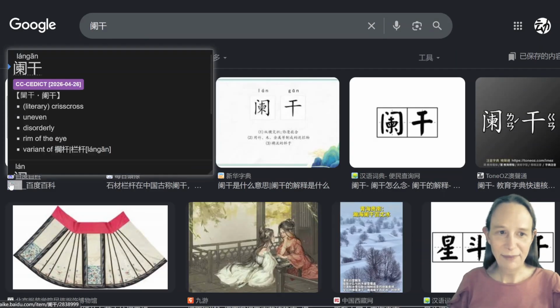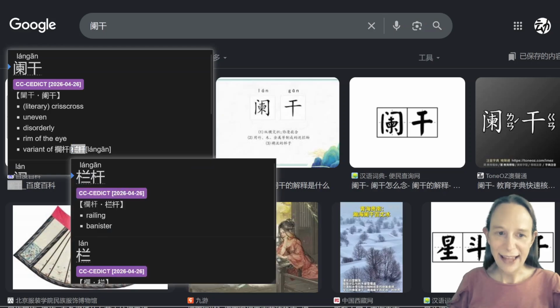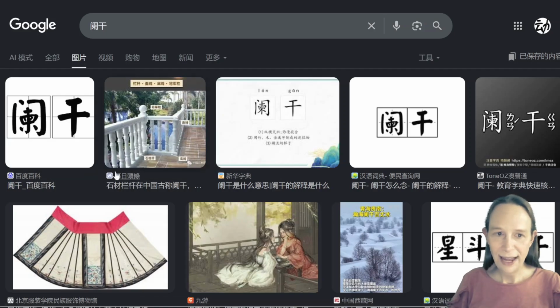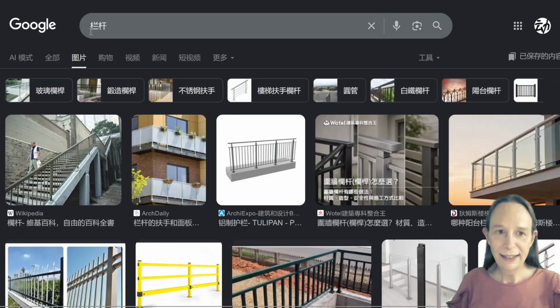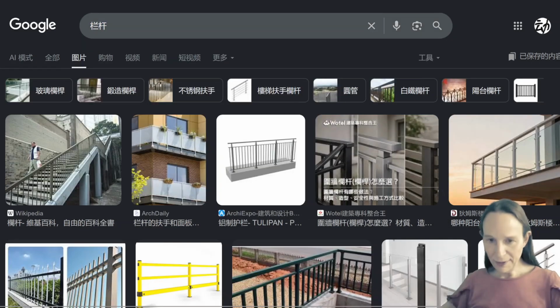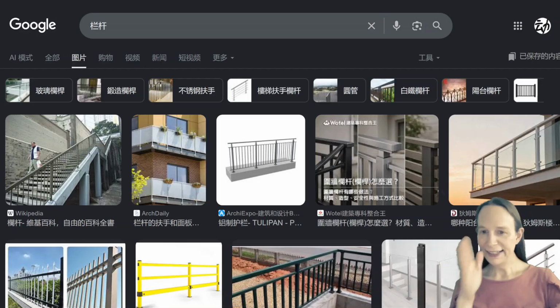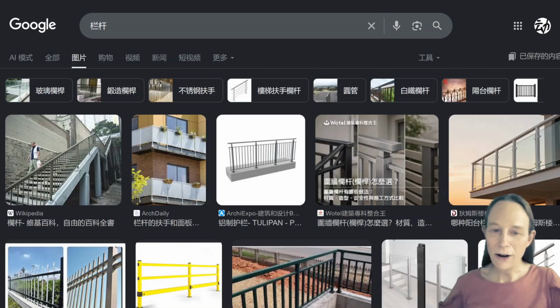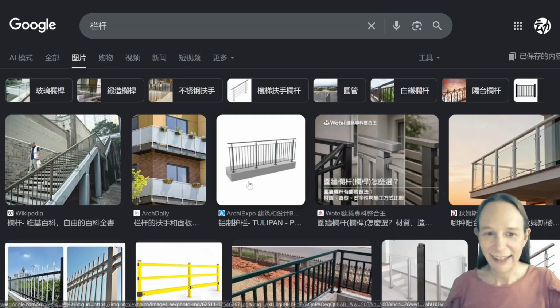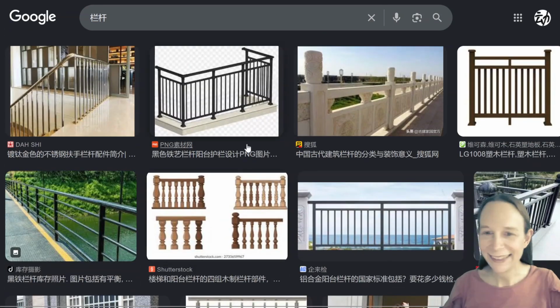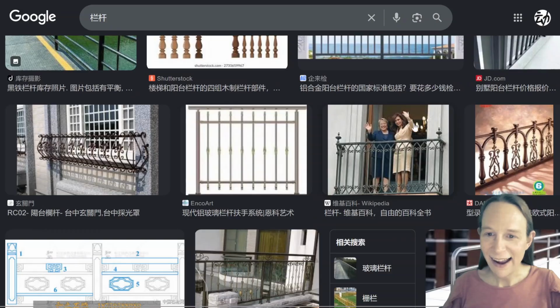So this is the same thing. 栏杆. So this one is designed to protect you from falling off. Like that. That's how it happens. 栏杆. All right.